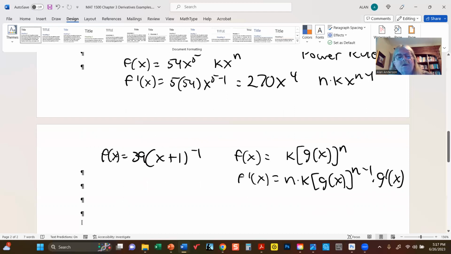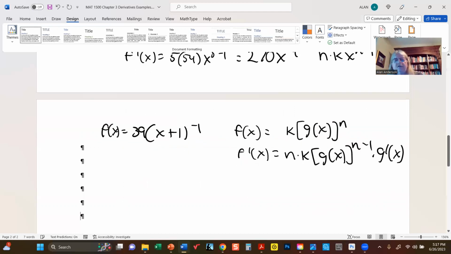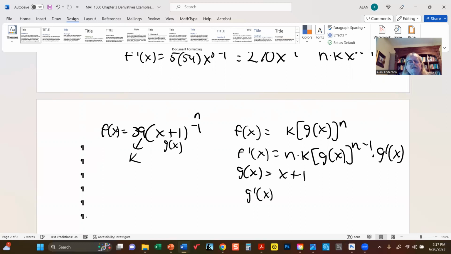Now, with all that being said, it's going to end up being relatively straightforward. So let's say this is our constant. N is -1. G of x is in here. Now, if g of x is x plus 1, g prime of x is going to be, we're going to apply the power rule to the x, which leaves us with just 1.